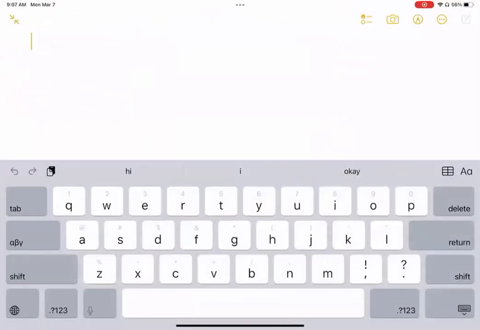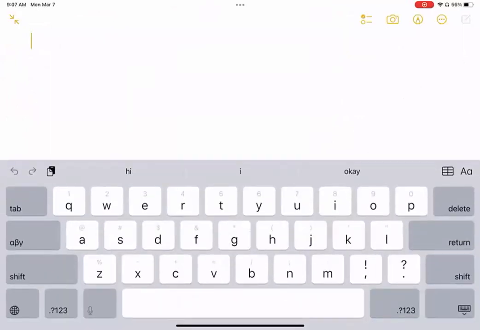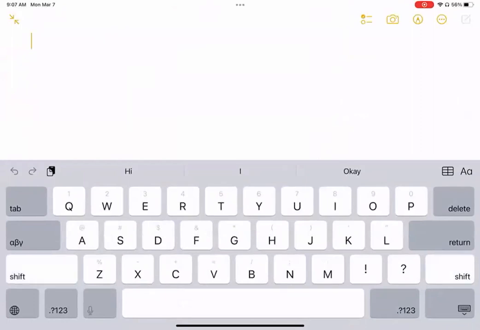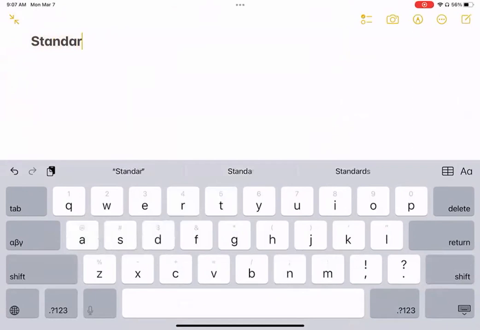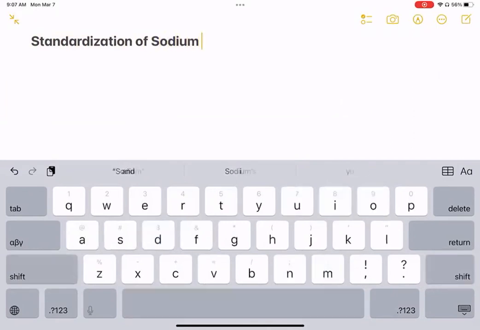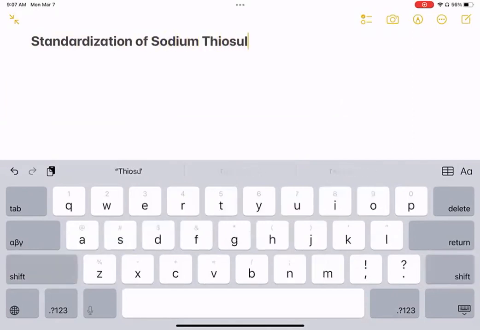So today's experiment, we're just going to do step by step here, is the standardization of sodium thiosulfate.